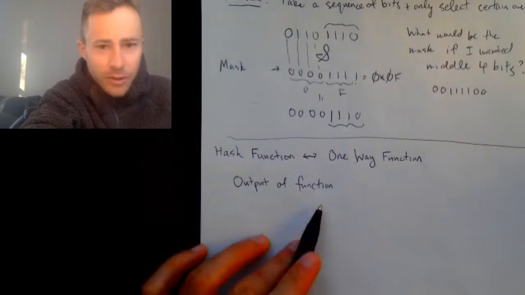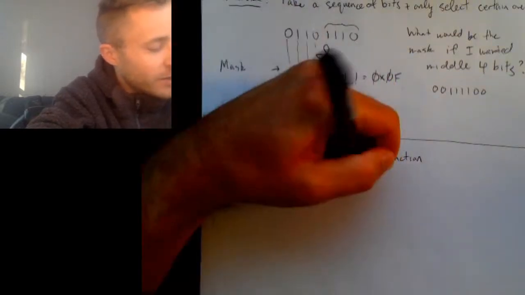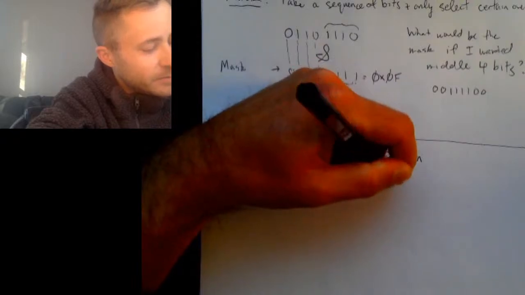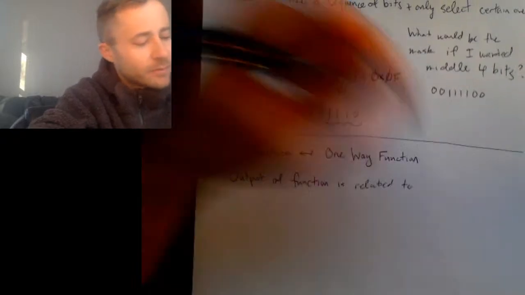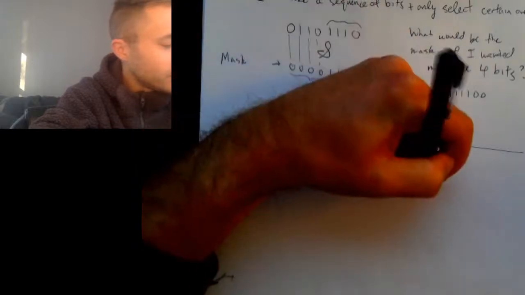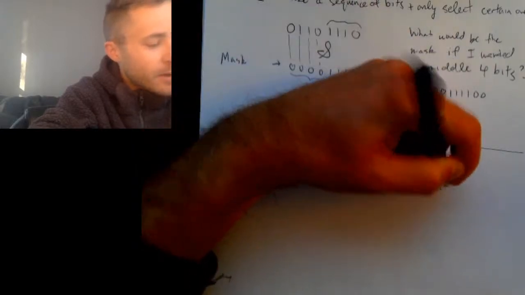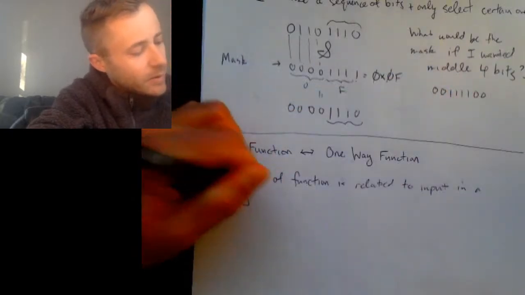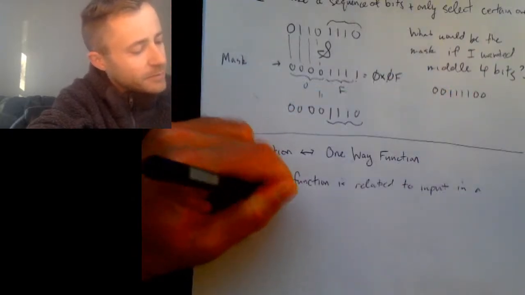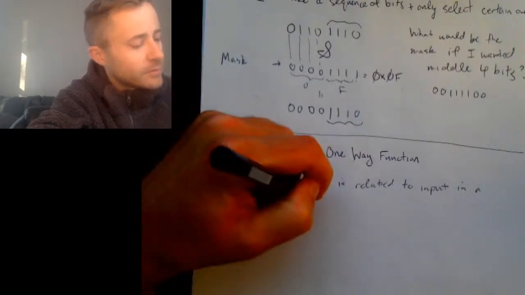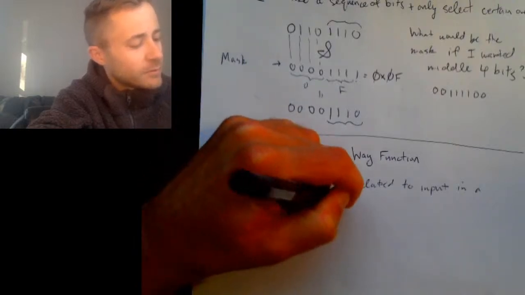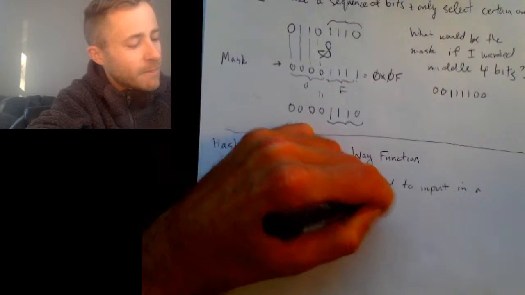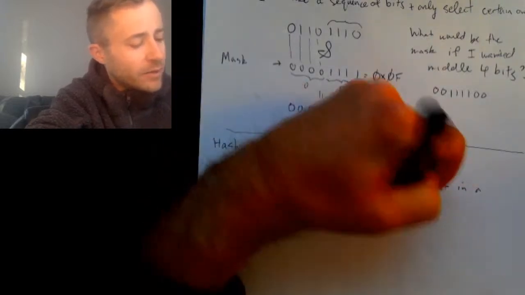The output of the function is related to the input in a way that is so complicated that it seems random.